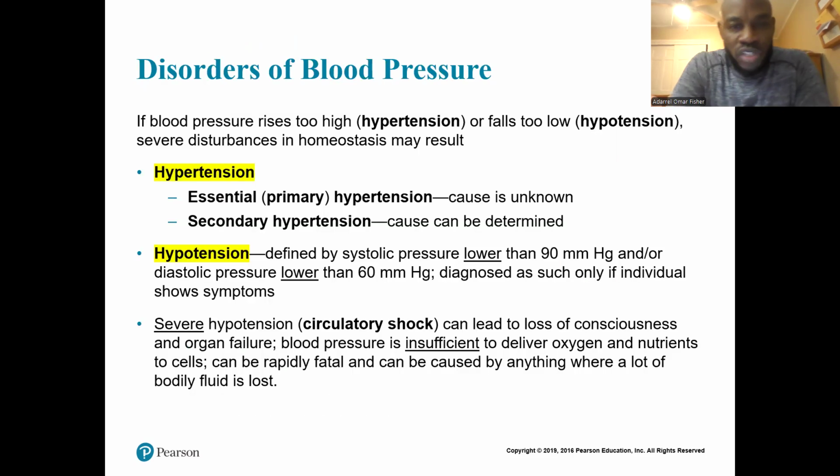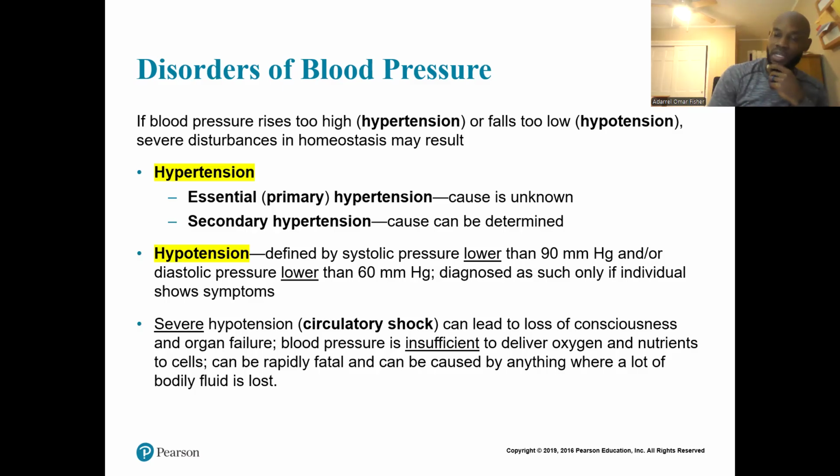There are disorders with our blood pressure. Blood pressure can rise too high or fall too low. Hypertension is high blood pressure. That's generally what we hear about, especially in America. Our blood pressure is too high, over 140, 180, can go too high. That systolic pressure is too high. Hypotension is low blood pressure.